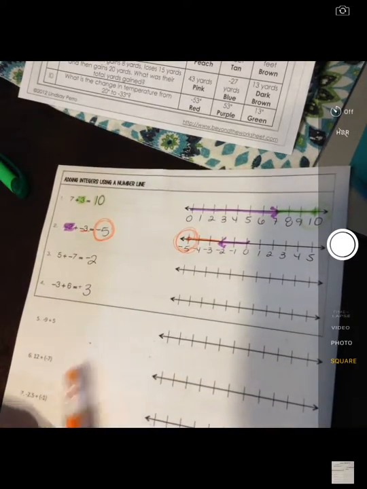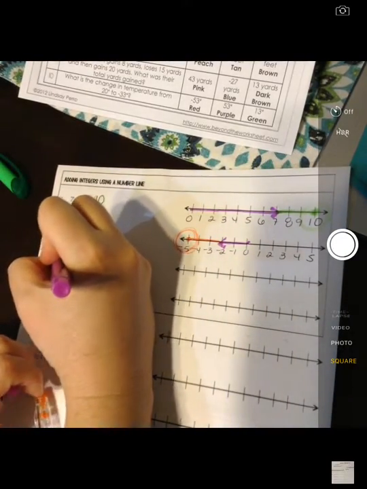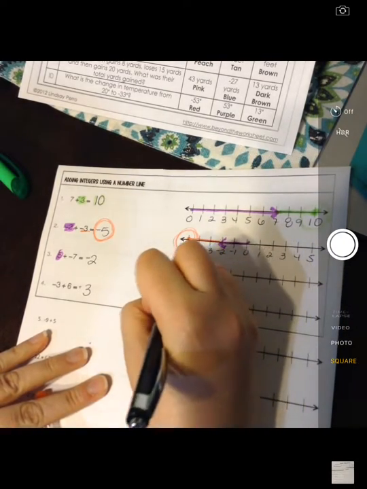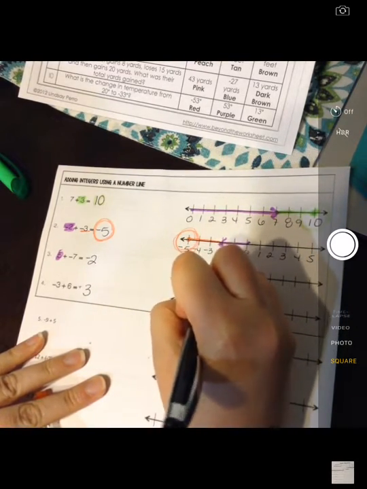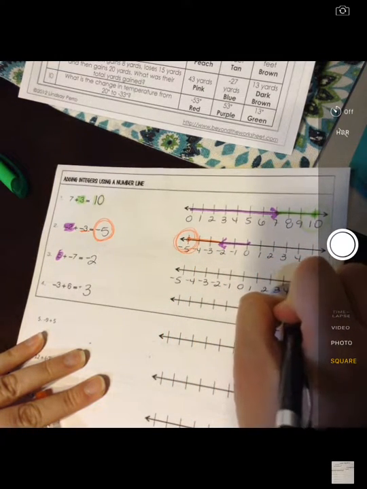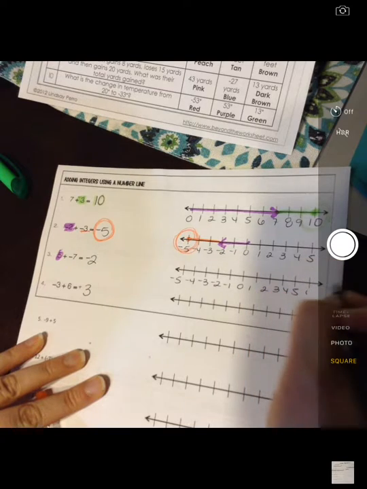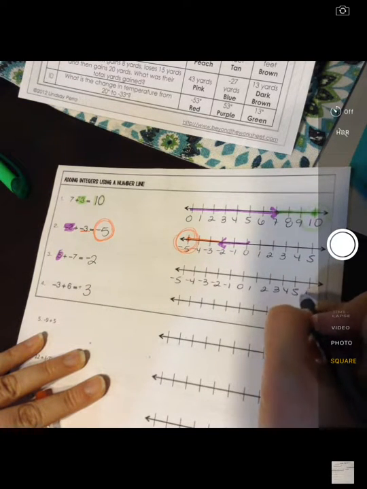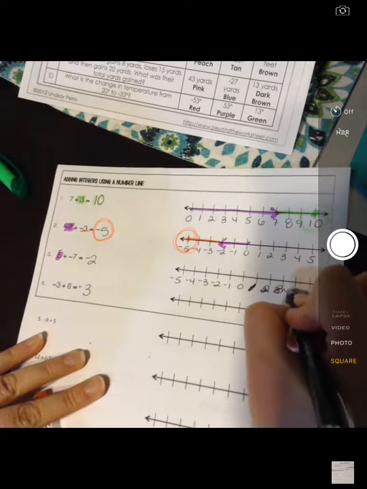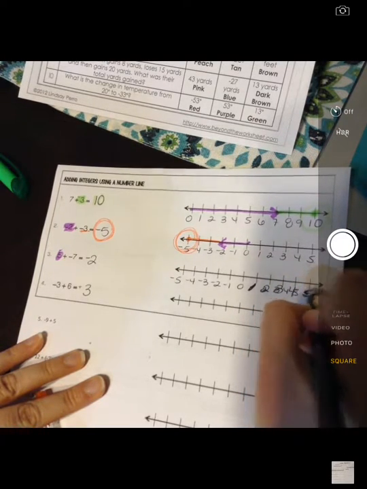Let's look at the next one. Oh, hold on, we need our number line. So again, let's start with negative 5, just like we did on the last one. I drew that really weird. 1, 2, 3, 4, and then 5. Sorry.